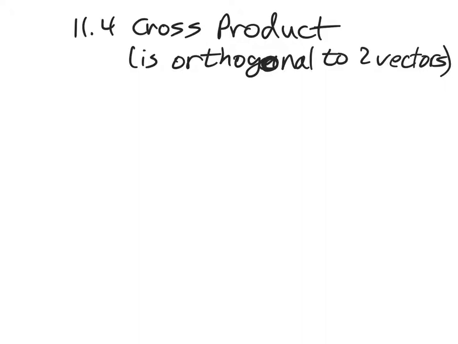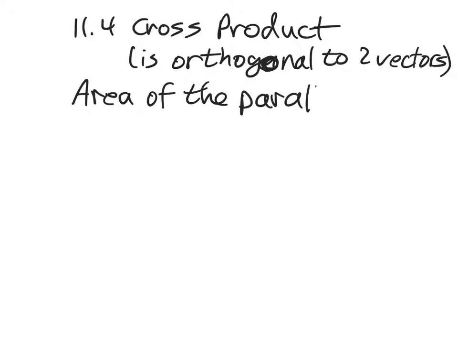Let's see. Cross product also is used to find the area of the parallelogram spanned by two vectors.